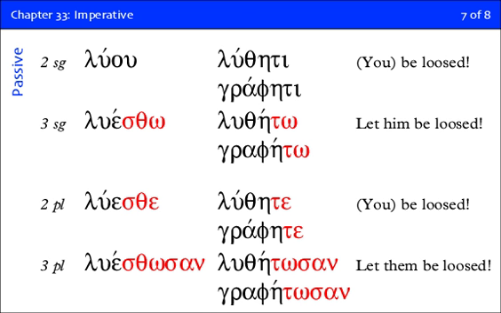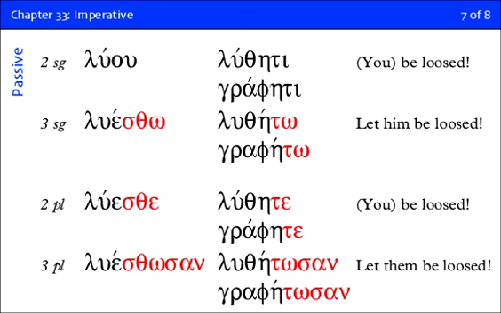But in the aorist passive, all aorist passives are formed off of a different tense stem from the aorist actives, right? So you have that change. If it's the first aorist, it's lutheti. There's your second singular ending. Lutheto, lutheta, luthetosin. If it's a second aorist, grapheti, grapheto, graphete, graphetosin.